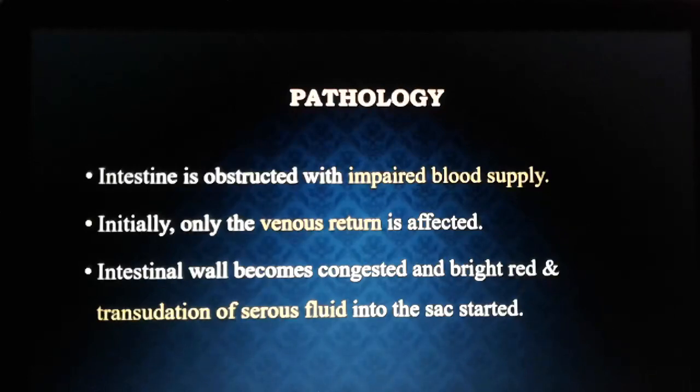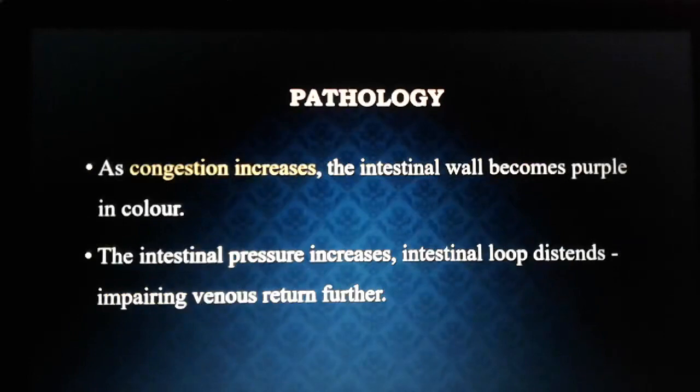But suppose the patient is not there with us, no hospitalization till now. So the congestion will increase and the intestinal wall becomes purple in color, from bright red to purple.